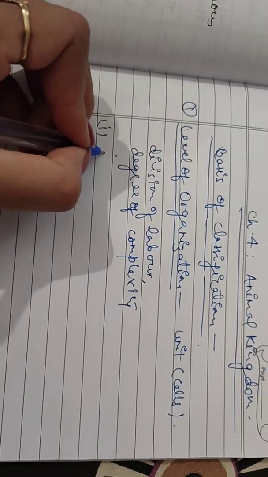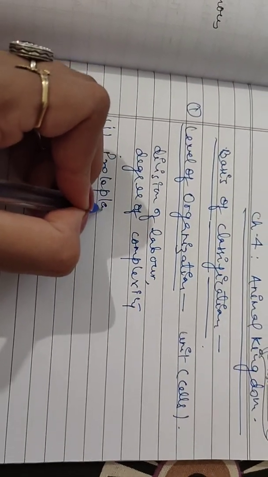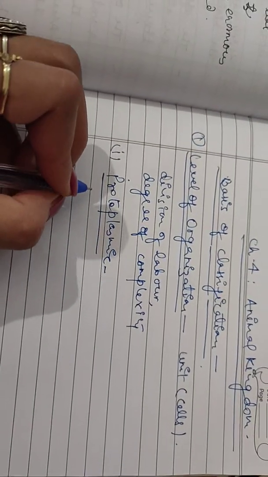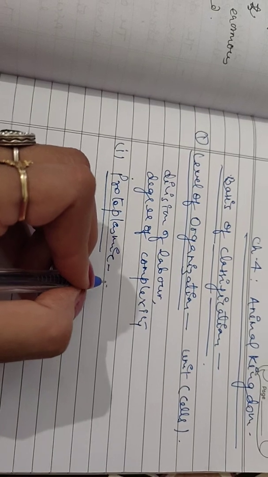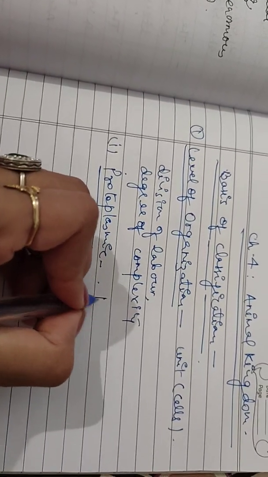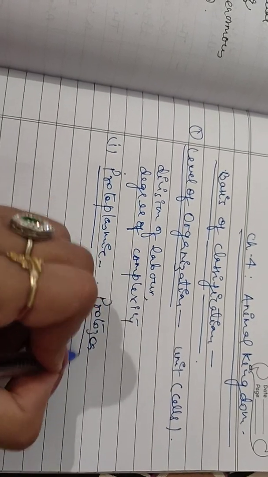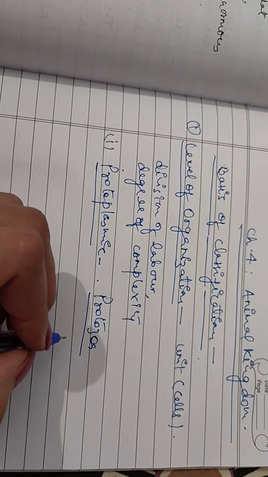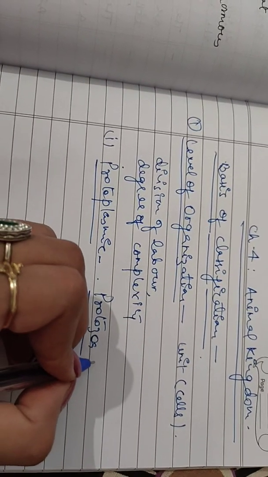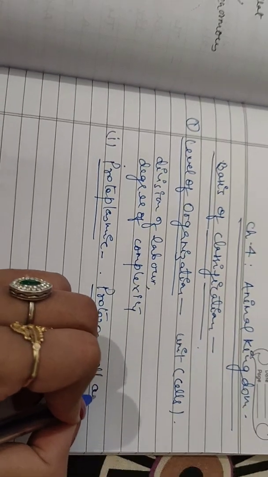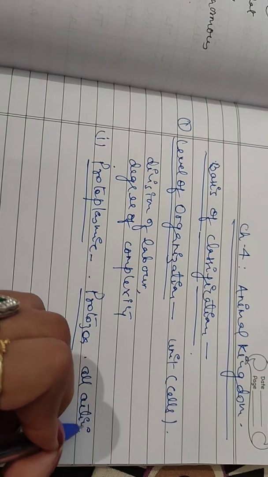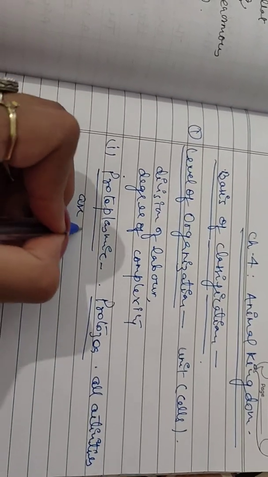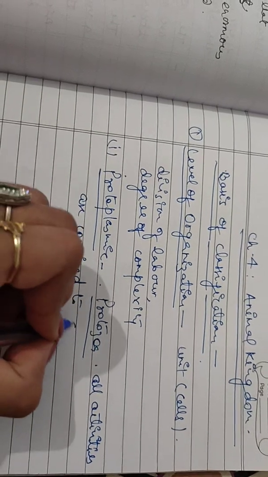First is the protoplasmic level. What is the meaning of the protoplasmic level of organization? This type of body organization is found in protozoa. As you know, protozoans are single-celled eukaryotic organisms. So in protozoa all activities are confined to a single cell, whether it is the digestive process, excretory process, transportation, or exchange of gases.